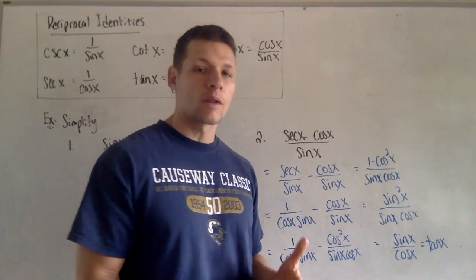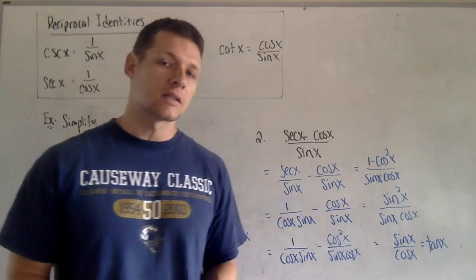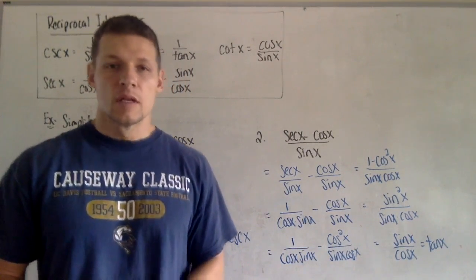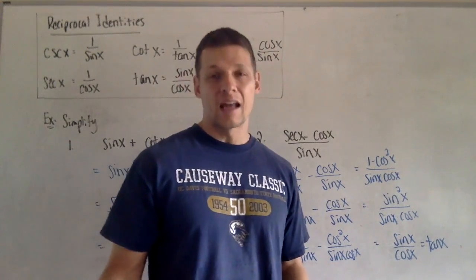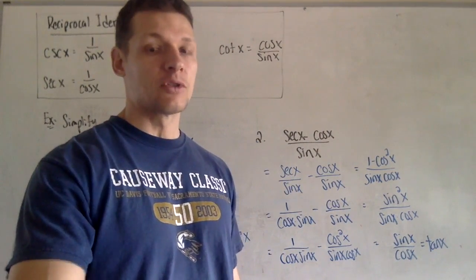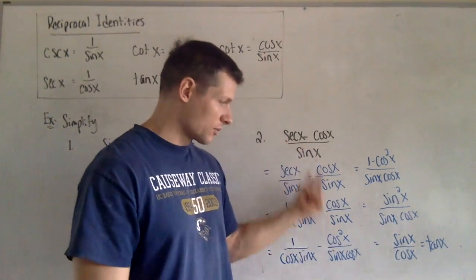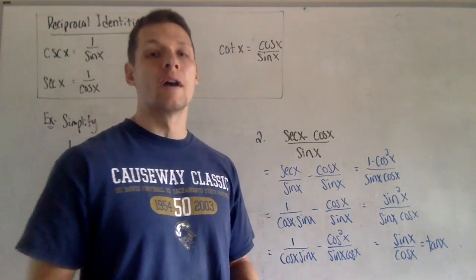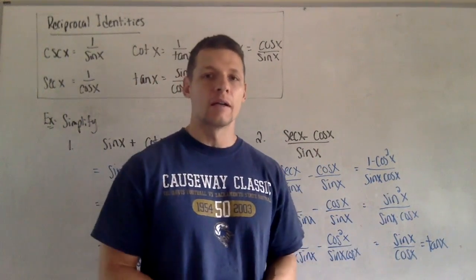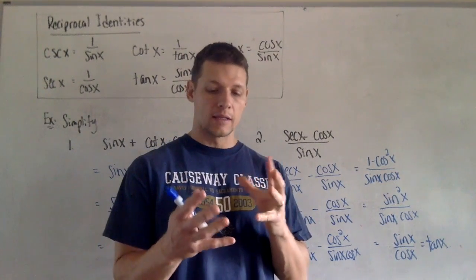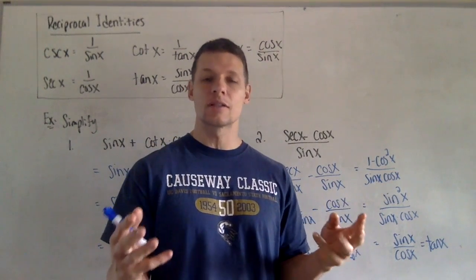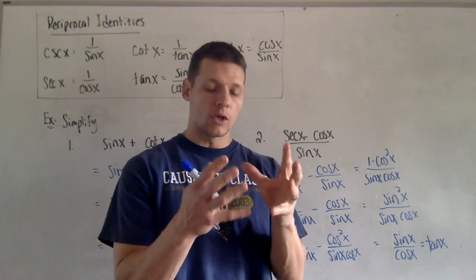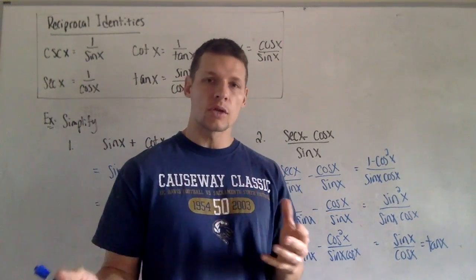So this is one of the things that we can do. We can always put things in terms of sine x and cosine x, sometimes playing around with it that way. What I liken this to, anytime you're dealing with identities and trying to either simplify expressions or prove identities, is a ball of yarn, and you're a cat. This is a silly example, but the cat's goal is to unwind this ball of yarn.